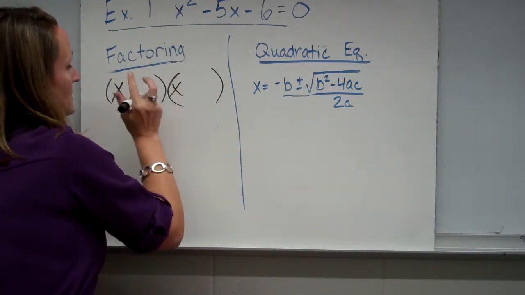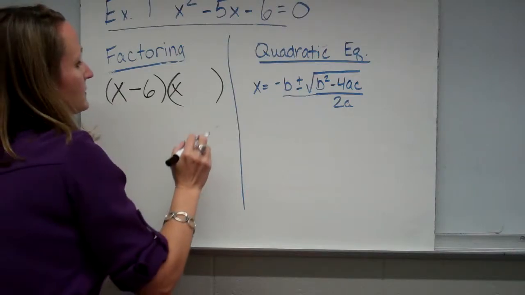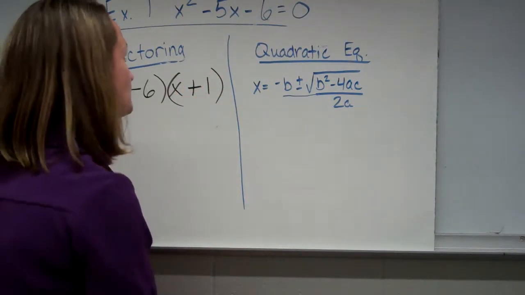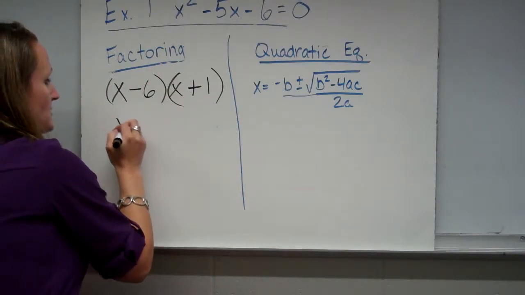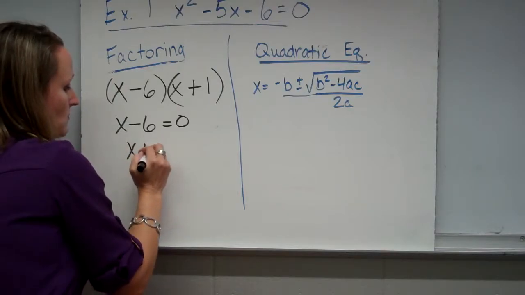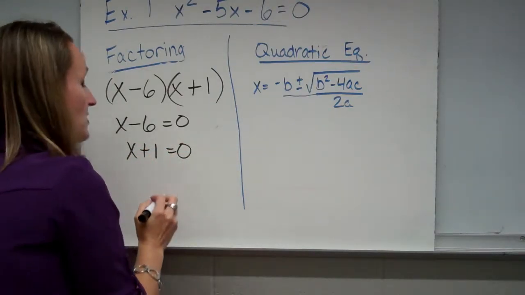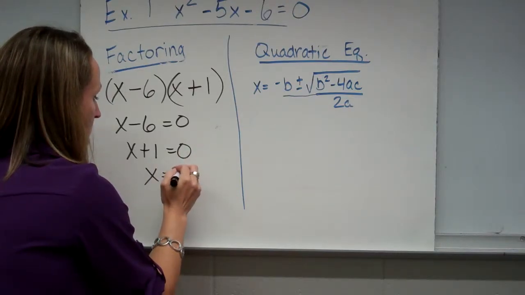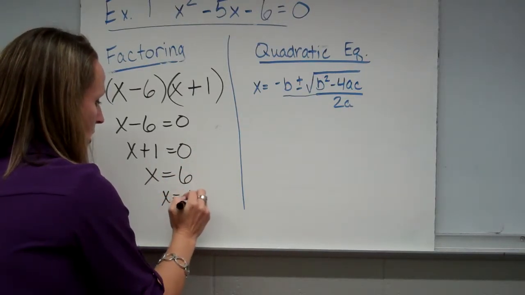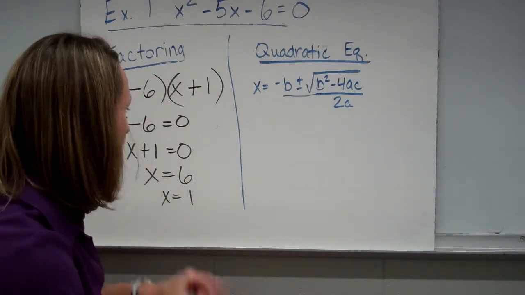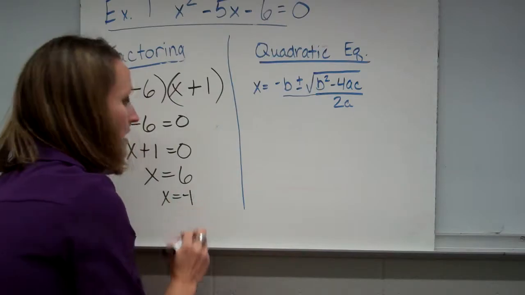We can do x minus 6, x plus 1. To find out our x values, we can set both of these equal to 0. This means that our parabola would cross the x-axis at 6 and negative 1.